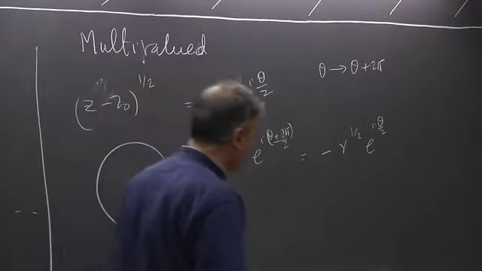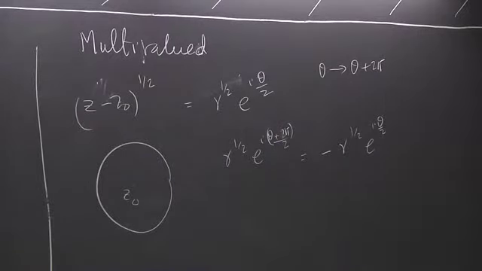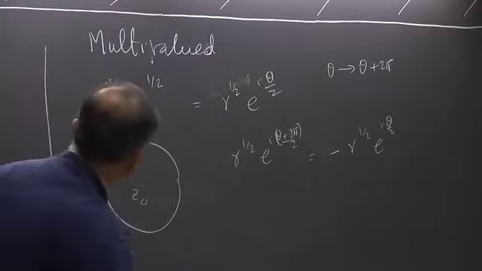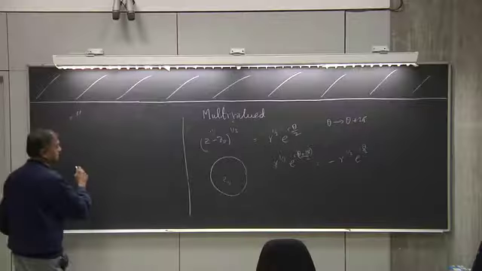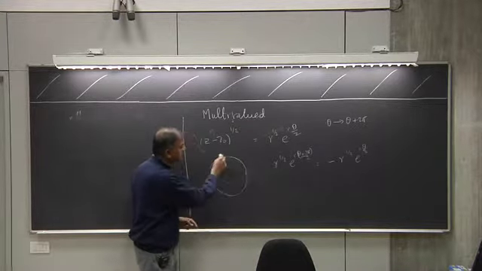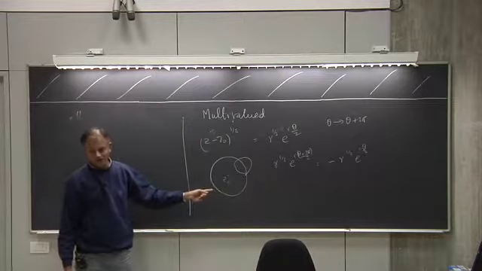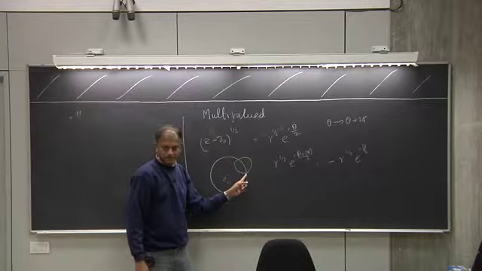Okay. So now what can we say about these multi-valued functions? Let's continue with this example. If I take any point here and consider not a path which goes around z naught, but a path going like this, so it is not going around z naught, in this case the function will come back to its original value, right?